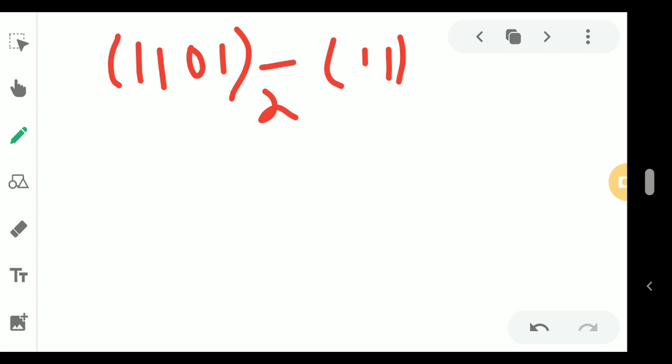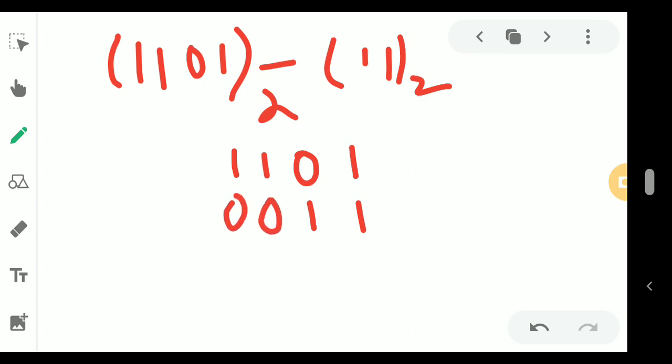How will we arrange it? First we arrange the bigger one, 1101, and then the number to be subtracted. From right to left we place 1 and 1, and in the remaining positions where there are no digits, we put 0.